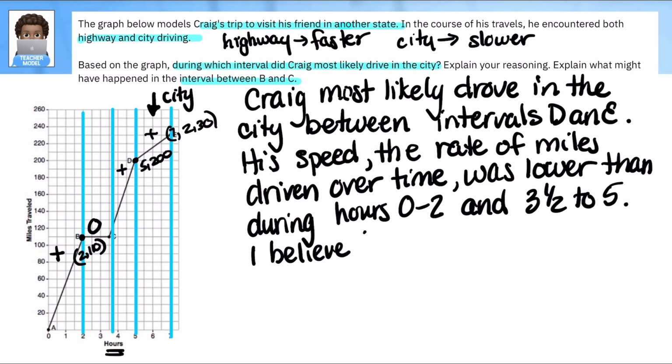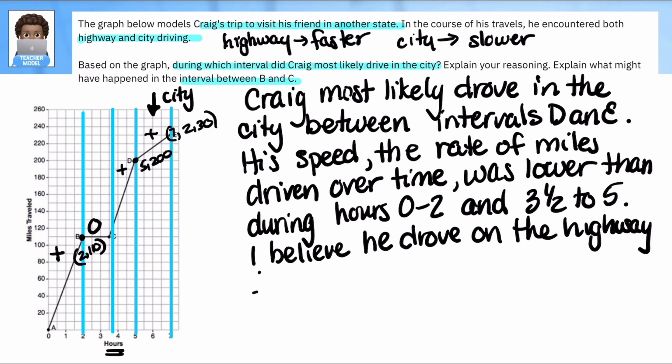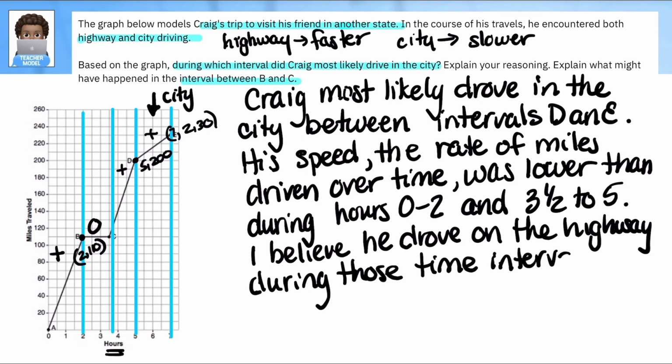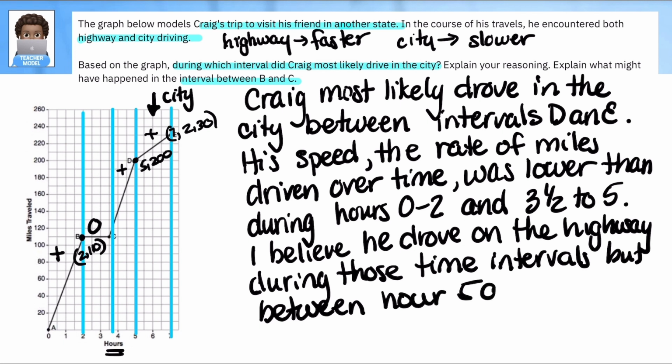I believe he drove on the highway during those time intervals, but between hour 5, let's make sure it's clear.